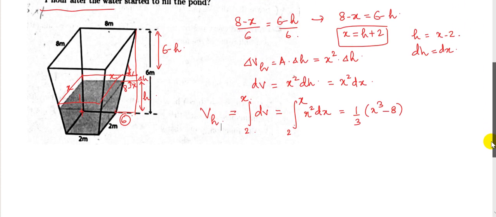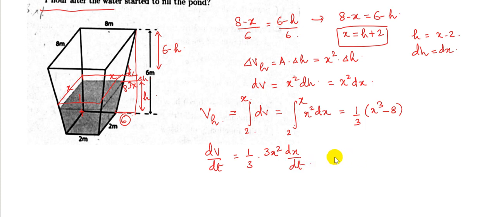Now we can differentiate both sides with respect to time. So dV dt would be equal to 1 by 3 into 3x square dx dt. So this is x square into dx dt, which is equal to x square into dh dt.